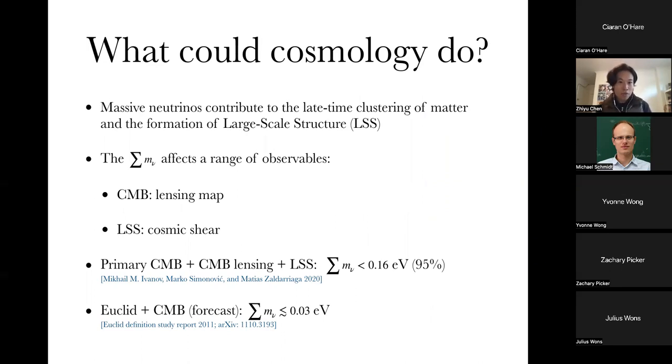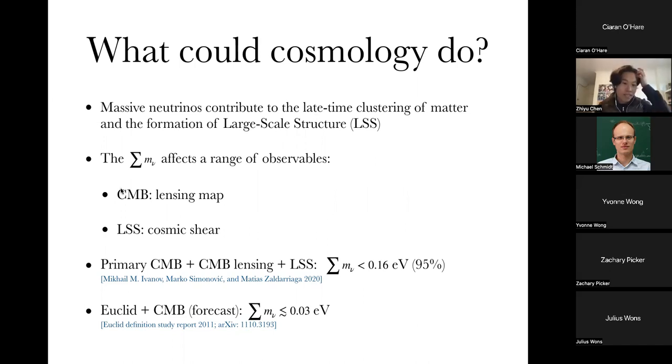They will contribute to the clustering and formation of structure, which eventually will play host to galaxies and galaxy clusters. We have a lot of experimental methods of observing this large-scale structure, even if we can't see the neutrinos themselves. And from these observables, we can infer a lot about what the sum of neutrino masses could be, because how heavy the neutrinos are will impact what kind of structure and how much structure is formed.